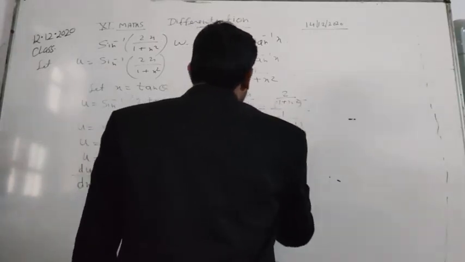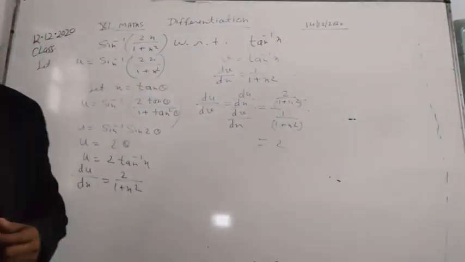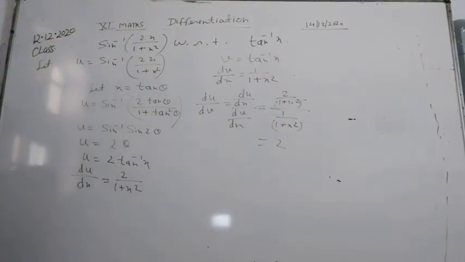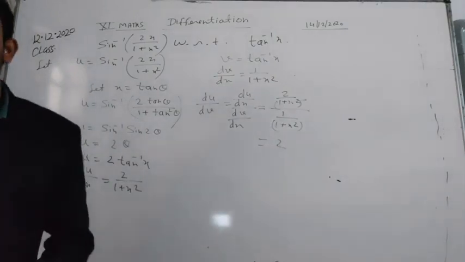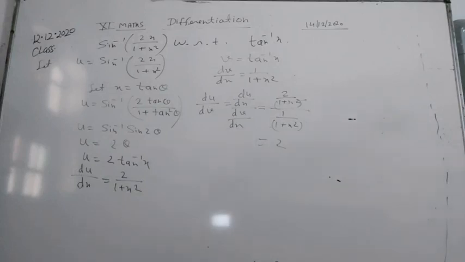So this is our 2. The differentiation of sin inverse 2x upon 1 plus x square with respect to tan inverse x is what? 2. Now we will see the next question.